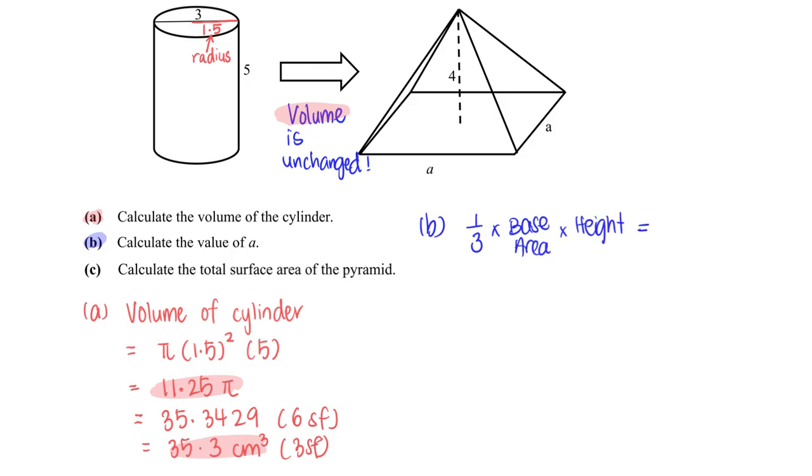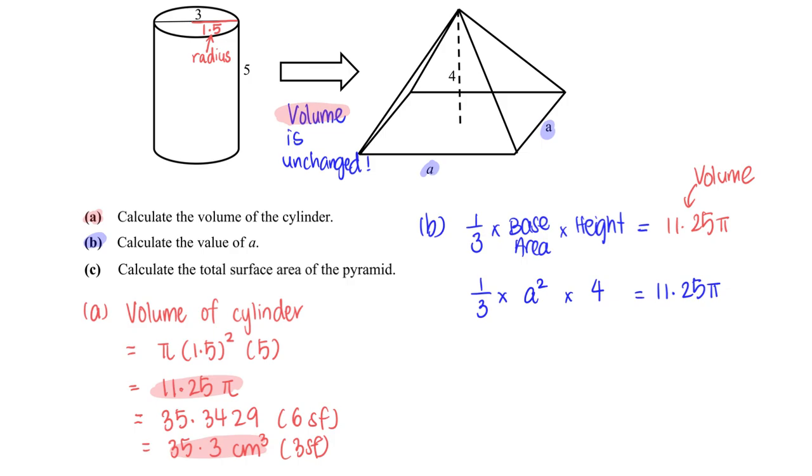And this one we already know will be equal to 11.25 pi, the volume. So from here I will be able to gather that this is A, the base area is a square, A times A, A square. Height is 4. This is equal to 11.25 pi.